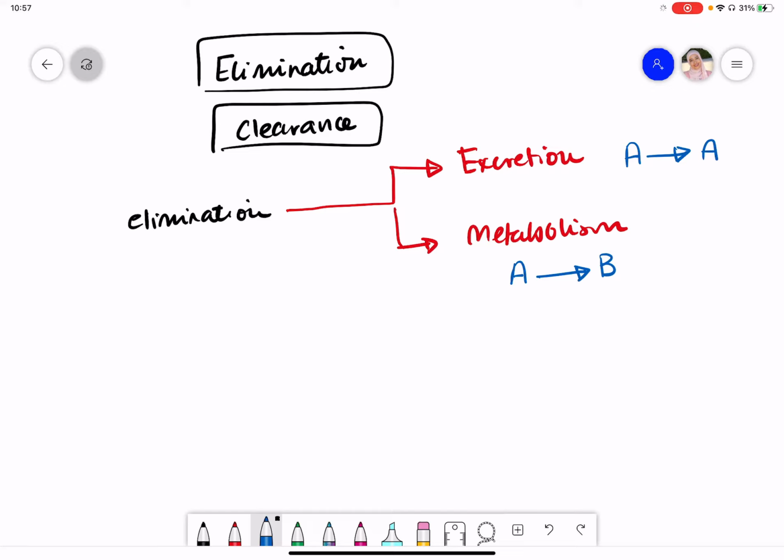Okay, so we need a way to represent elimination in kinetic terms.